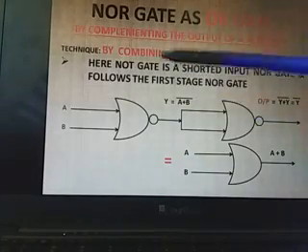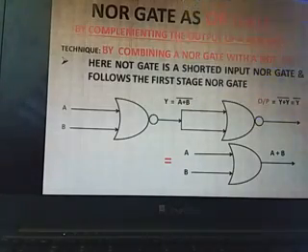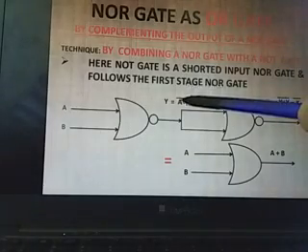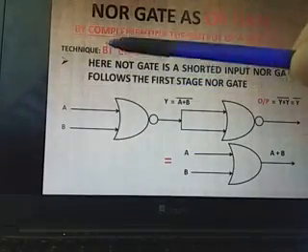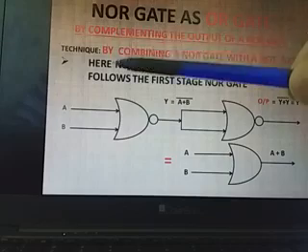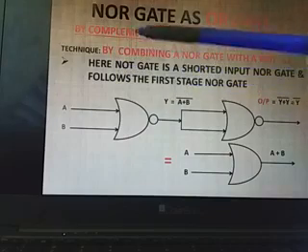Now, in order to achieve the OR gate behavior, our output should be simply A plus B, not its complement. Try to understand what I mean to say.